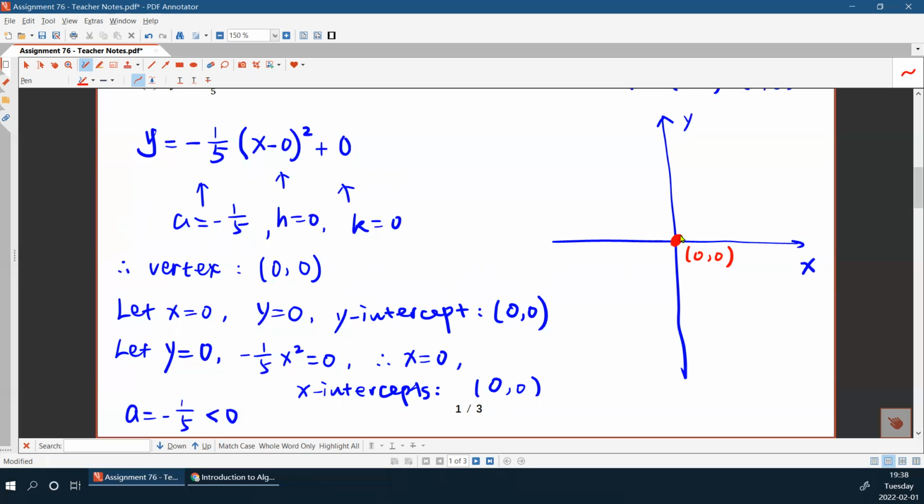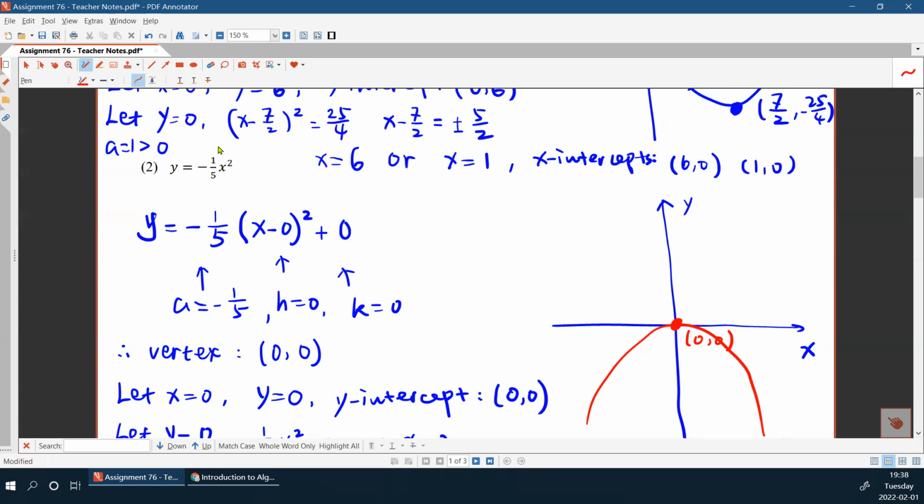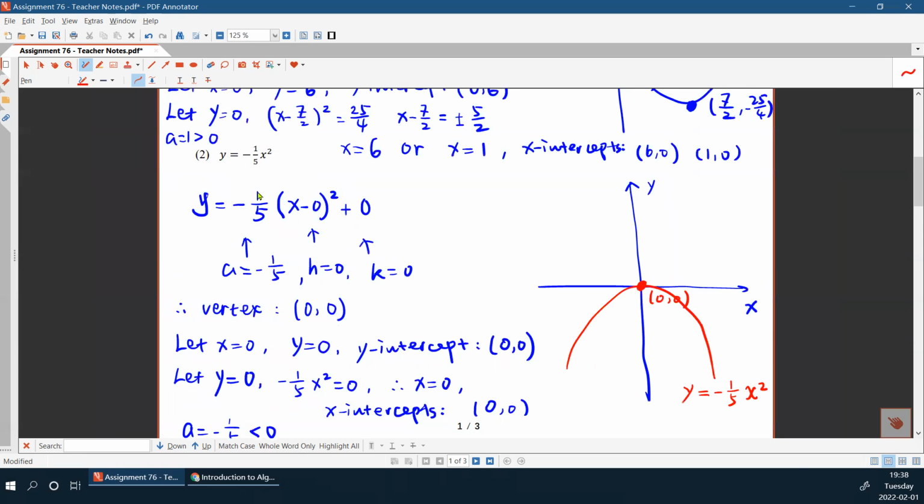So this point is the vertex, the x-intercept, and the y-intercept as well. And starting from here, the function opens down, so it will have a trend like this. Again, let's label its expression next to the curve. Okay, so this is a complete sketch of the graph of this function. Okay, any questions?